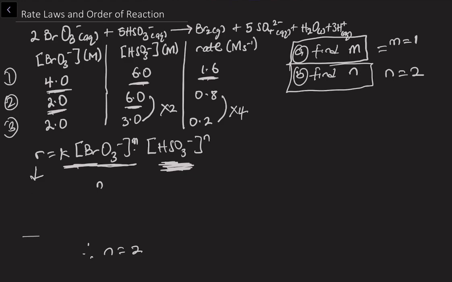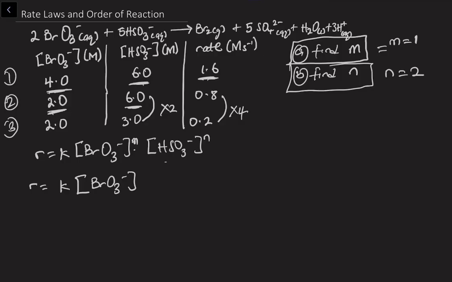So based on that, we can write our rate law now as R is equals to K BrO3 minus, what's M? M is 1. HSO3 minus, what's N?